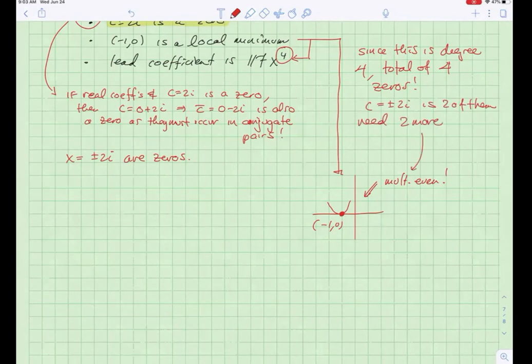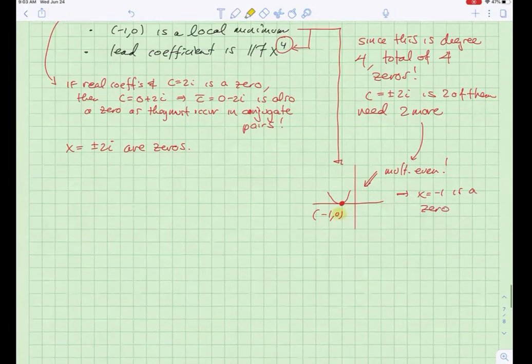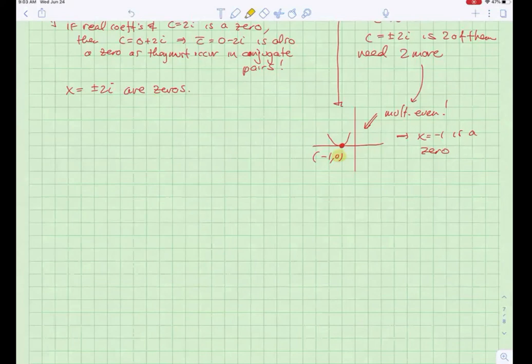That, together with the fact that this is even multiplicity, means that x equals negative 1 is a zero because it's on the x-axis, and when we plug in negative 1, we get out 0. And since it has even multiplicity and we only have room for 2 more, it must have multiplicity 2.